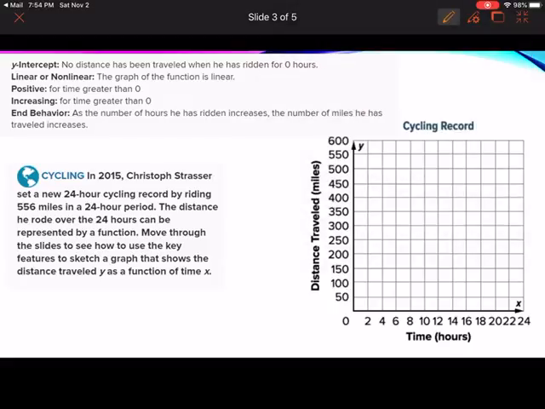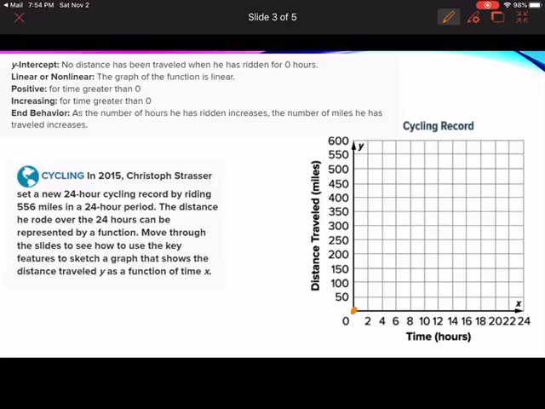So let me get a pen up here. So that means my first point is 0, 0. It says the graph of the function is linear, so that means we know it's a line. For time greater than 0, it's going to be positive, so that means it's all going to be up here on the graph.